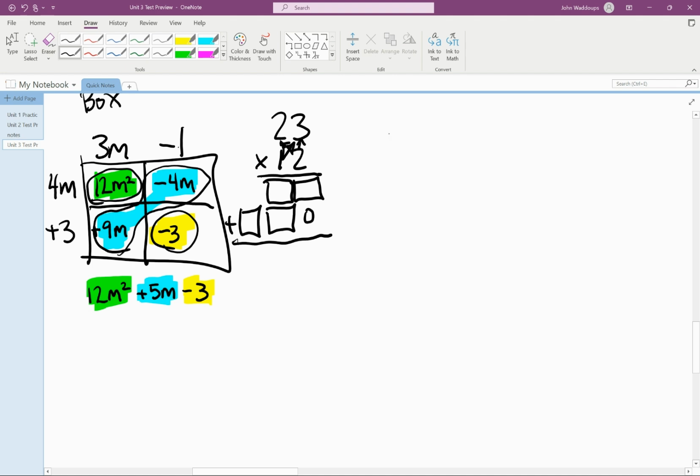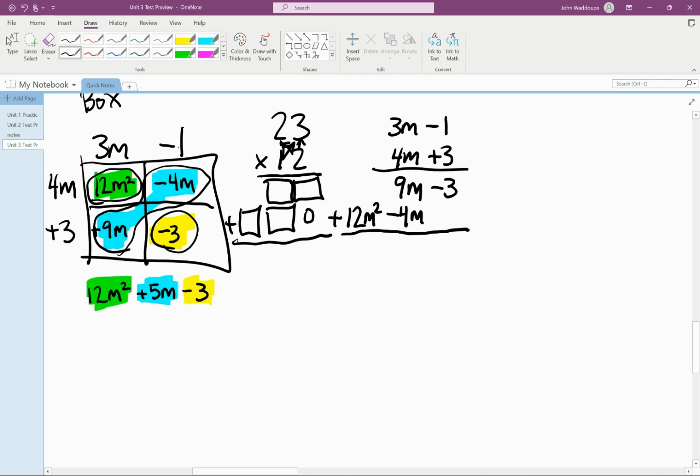So I would just stack them. 3m minus 1 times 4m plus 3. 3 times negative 1 is negative 3. 3 times 3m is 9m. 4m times minus 1 would be negative 4m. And 4m times 3m is 12m squared. I've multiplied them all out, and now I add them, combining those that are like terms.